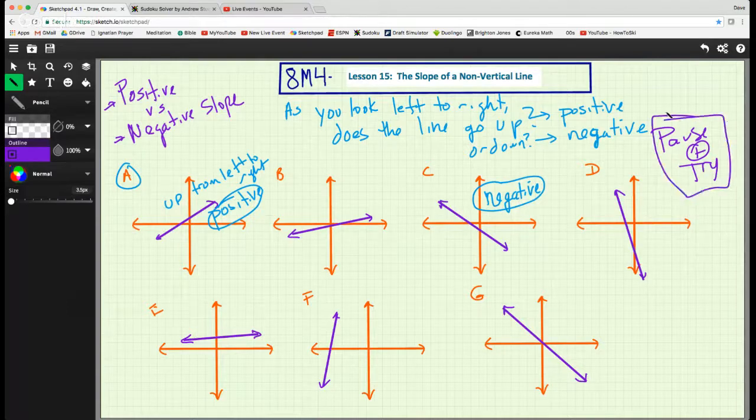Okay, I assume you're back. Now, we'll just put a big positive here, because that's positive, and this one was negative. So is B positive or negative? For those of you who said positive, you are right, because it goes up. D is negative.